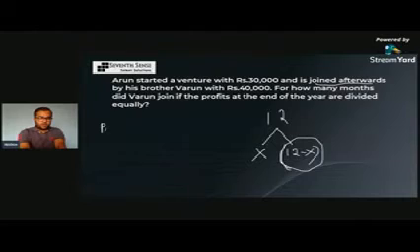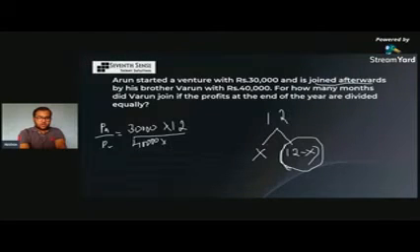All right. So profit at the end of the year is divided equally. So we know the formula: profit of Arun to profit of Varun is equal to investment of Arun, which is 30,000, invested for 1 whole year, that is 12 months, and Varun invested rupees 40,000. He invested for 12 minus X months.